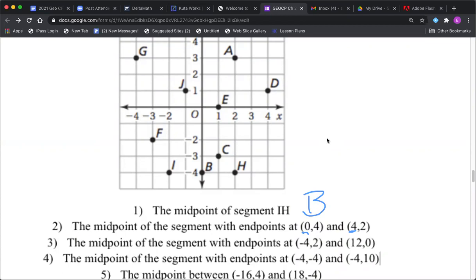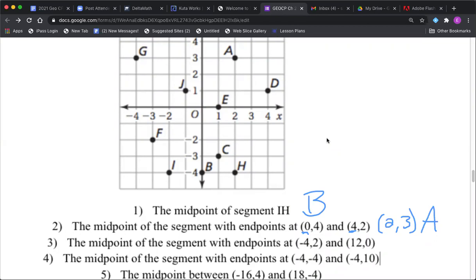So if I'm looking at 0 and 4, add them together, divide by 2, I get 2. Then I do the same thing for y's. 4 plus 2 is 6, divided by 2 is 3. So now I need to look at my coordinate plane and see who's at 2, 3. Oh, it's A. That's how you did this one.